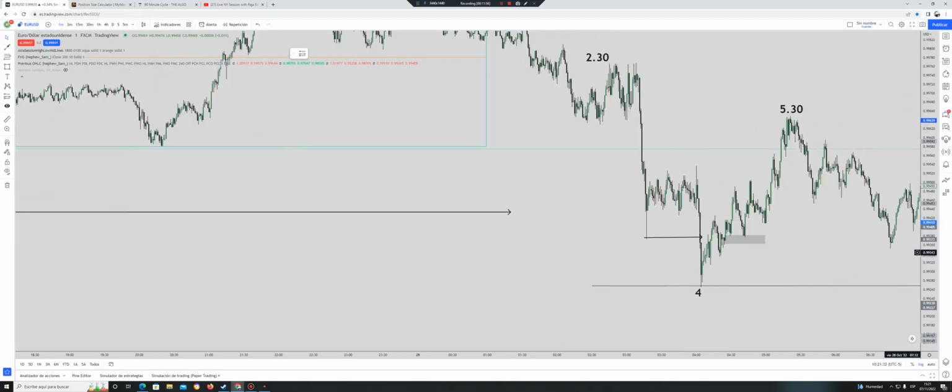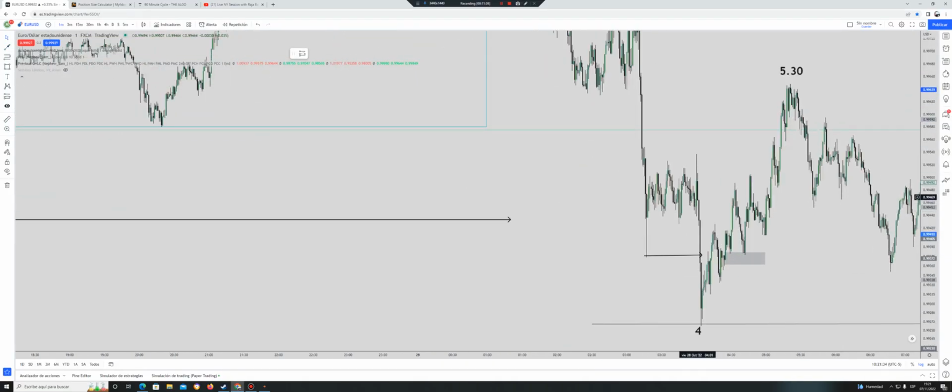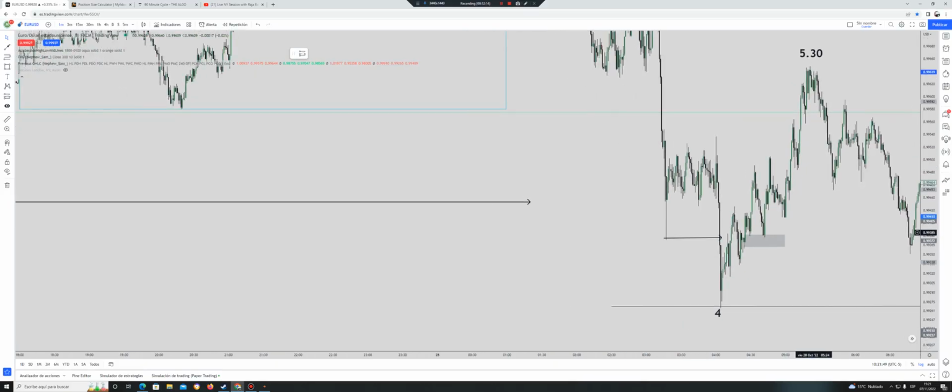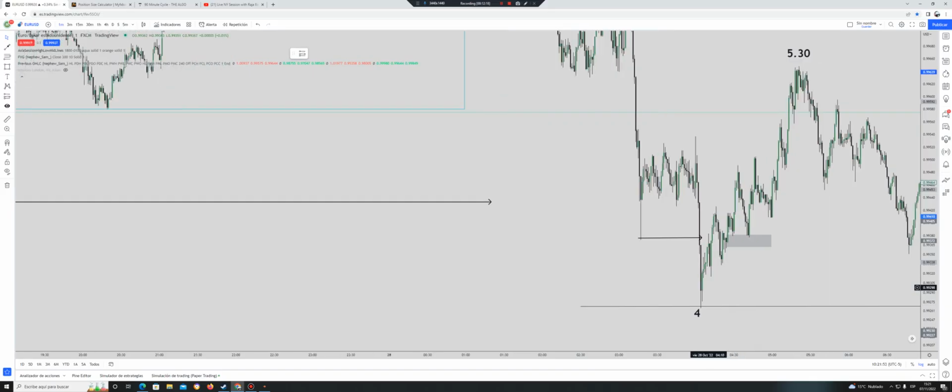Look how here it wasn't 4 yet, here it's 3:30, so it's 4 here, but now look at this, 4, we saw the sweep. When you have experience with the 90-minute cycle, you can easily place a buy here at 4, but look how you can just wait for confirmation.